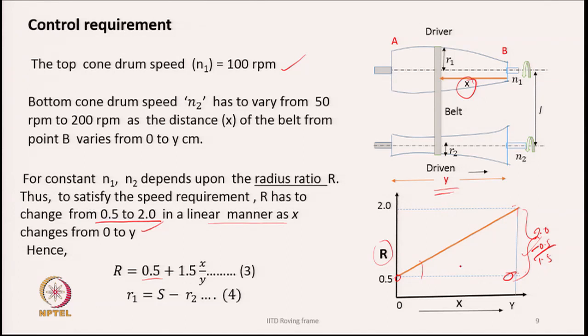Therefore, tan theta is 1.5 by y. That is the slope that you multiply by x to find the value of r at any location. So, this equation is r equals 0.5 plus 1.5 into x by y.